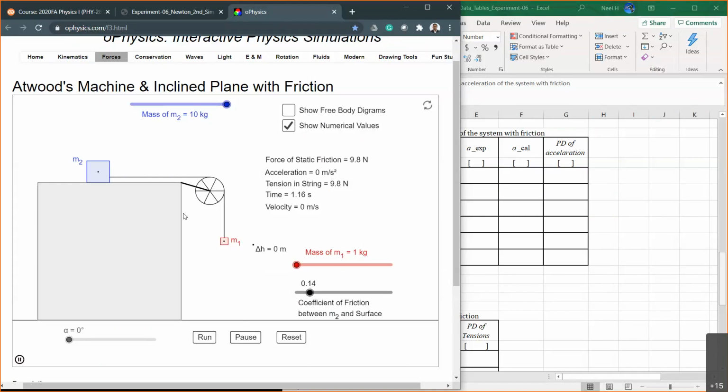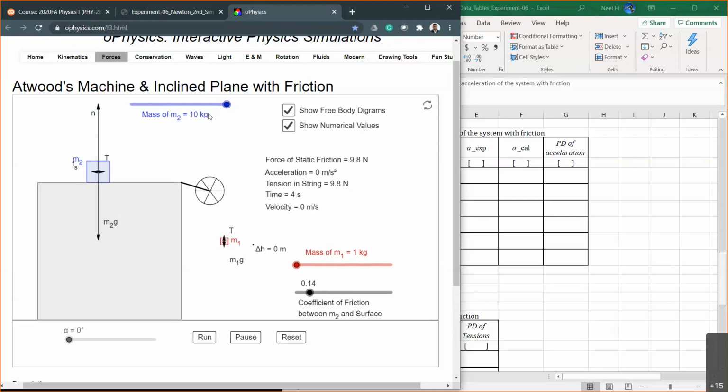As soon as you apply the friction of about 0.14, very small, it is not moving, because 1 kilogram is not enough to drag the object downward, since now you have that backward force. You can click on show free body diagram and see that force. You have to overcome the friction to get the object in motion, so we can't move with 1 kilogram.